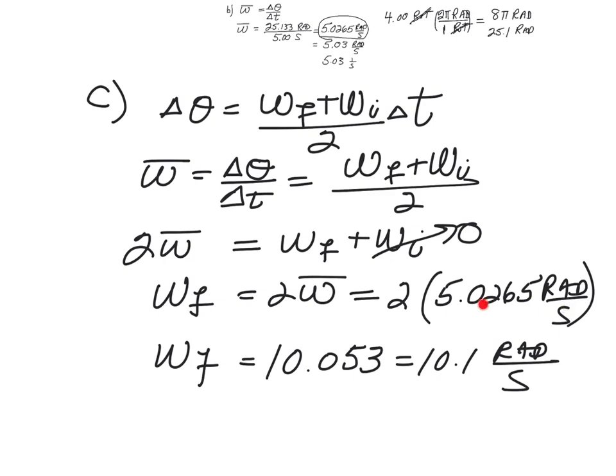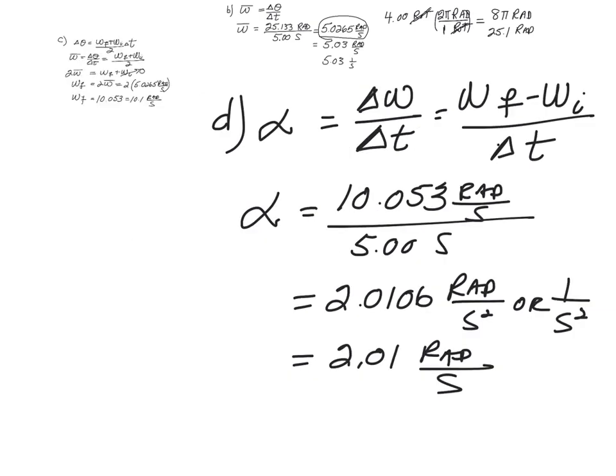And I put the units in with the number, and I write down the unrounded number, and then I write it down as I'm going to report it with the units. It rounds to 10.1. So that's our omega final.